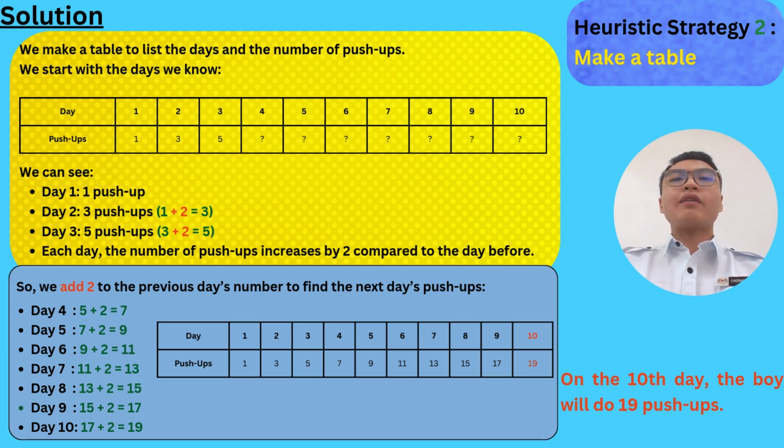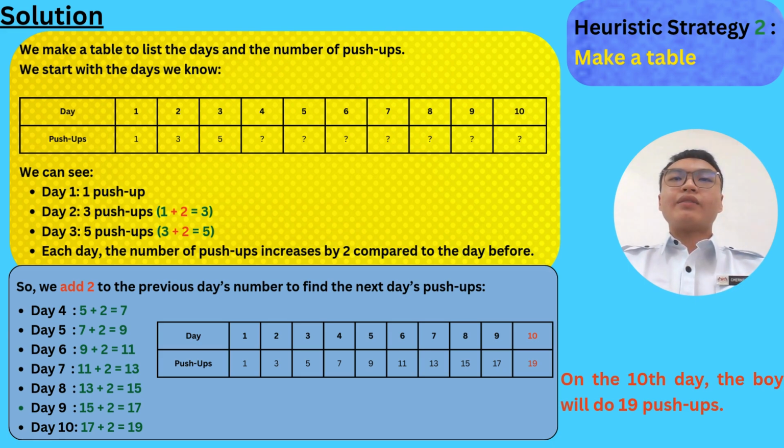Each day, the number of push-ups increased by 2 compared to the day before. So we add 2 to the previous day's number to find the next day's push-ups. For example, for day 4, 5 plus 2 equal to 7. Day 5, 7 plus 2 equal to 9. And we do this until day 10. 17 plus 2 equal to 19.